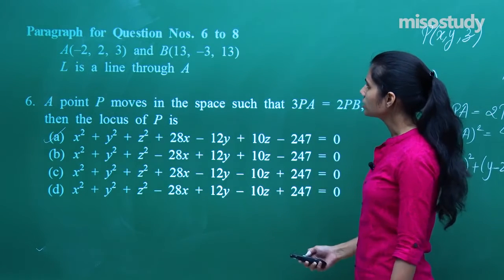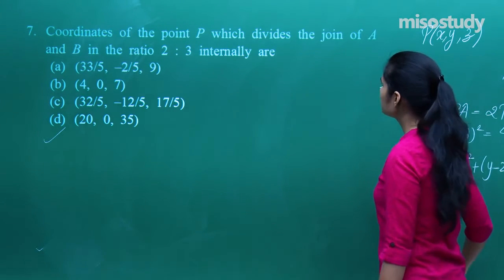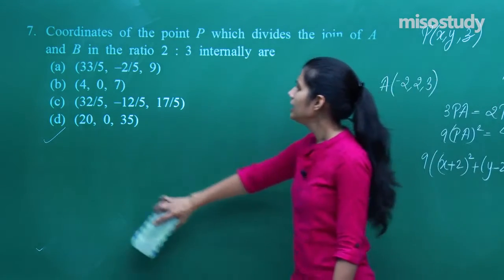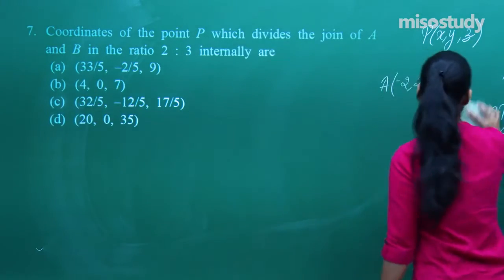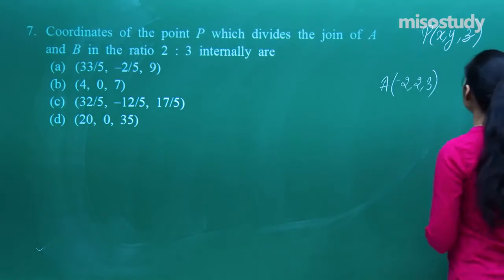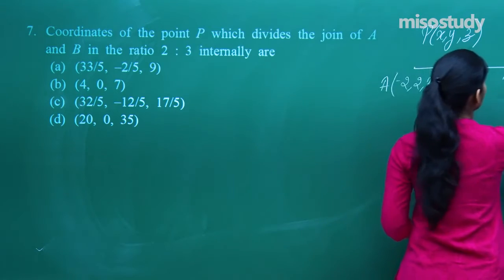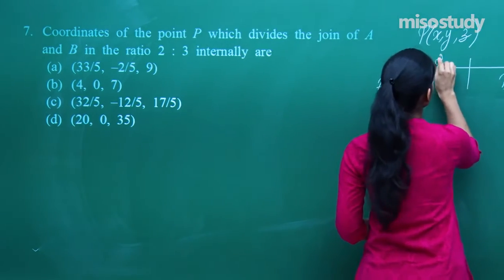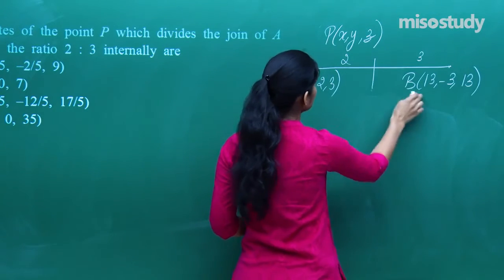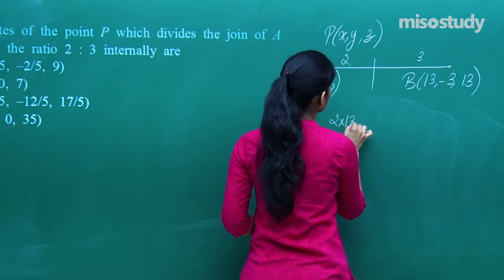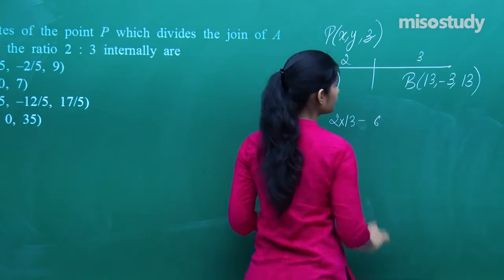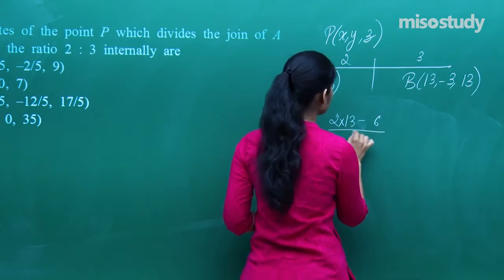Next question says what? Coordinates of point P which divide the join of A and B in the ratio 2:3 internally are what? Let's see. So coordinates of a point which divide the join of A and B internally in the ratio 2:3. What are the coordinates of this point? You know, 2 into 13 plus 3 into minus 2 upon 5.